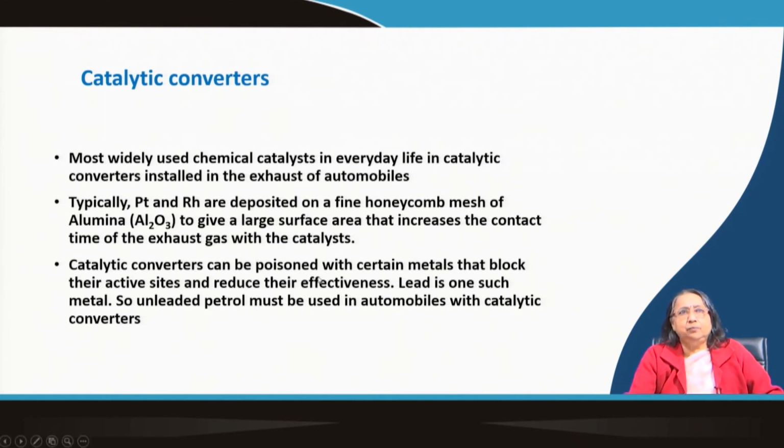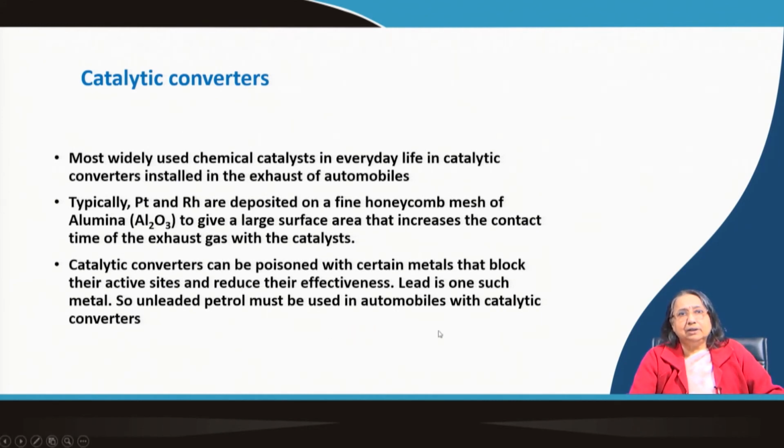Catalytic converters can be poisoned; the catalysts are easily poisoned by certain metals that block their active sites and reduce their effectiveness. Lead is one such metal. So unleaded petrol must be used in automobiles. Now unleaded petrol has come in the market, because lead is very dangerous, not only for health but also as a poison in this type of catalytic converter.